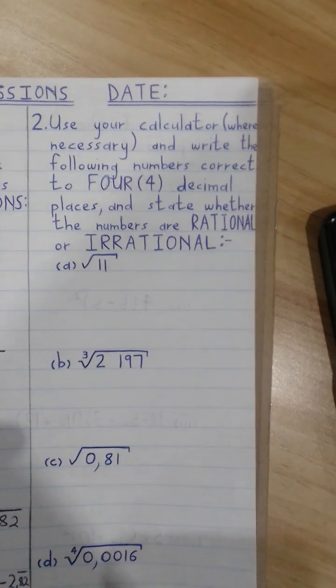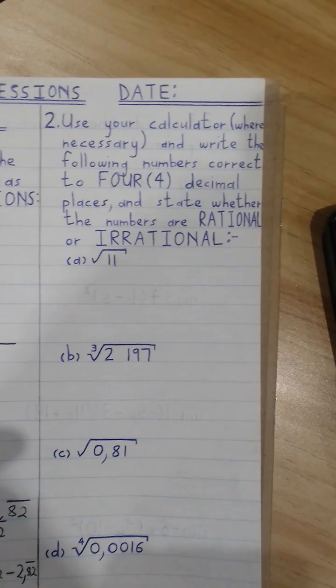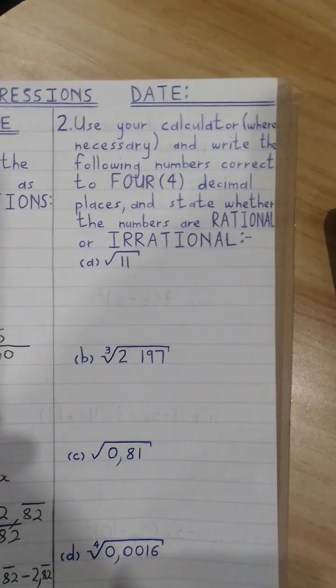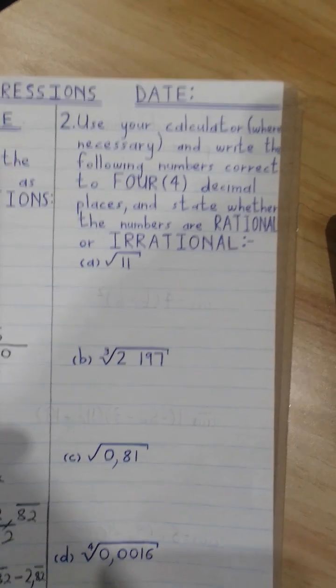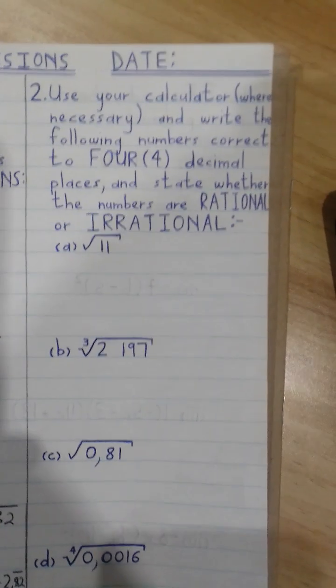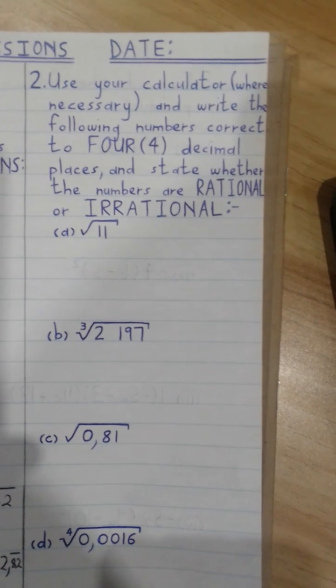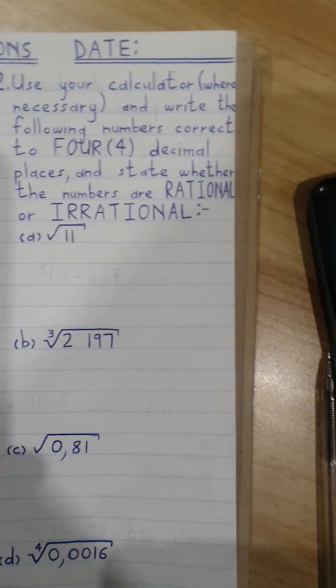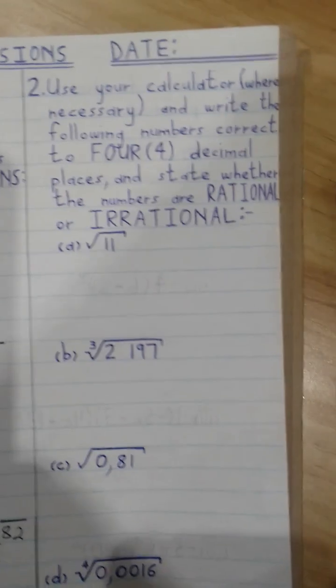Number 2 states, use your calculator when necessary and write the following numbers correct to 4 decimal places and state whether the numbers are rational or irrational. A, we have the square root of 11. So 11 is a prime number. Square root of a prime number, irrational.